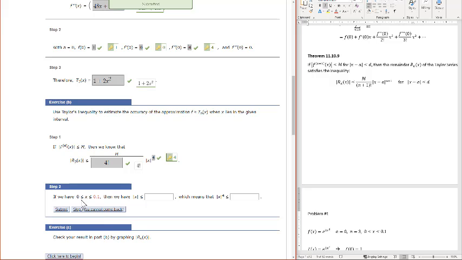And now we have the x value between 0 and 0.1. So we have the absolute value of x less than or equal to, well, the largest value this can attain is 0.1. So let's put 0.1 there.